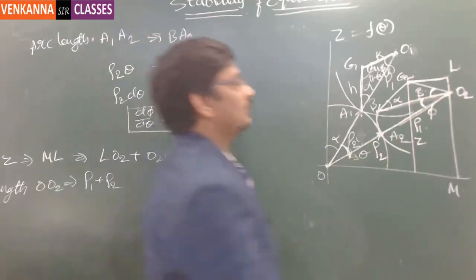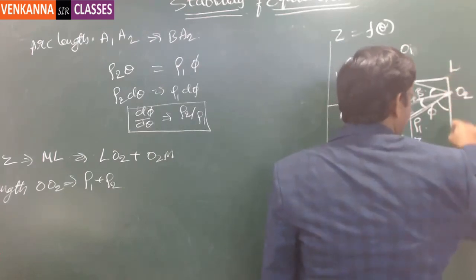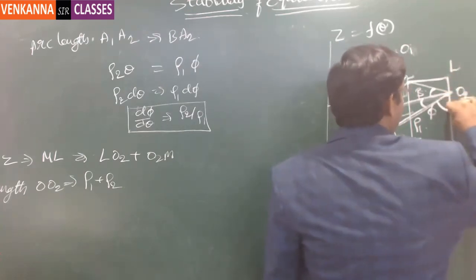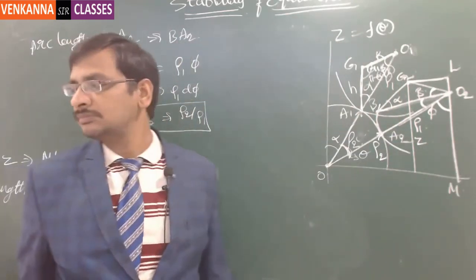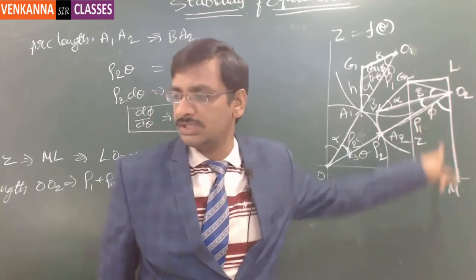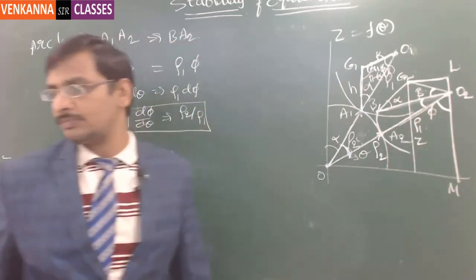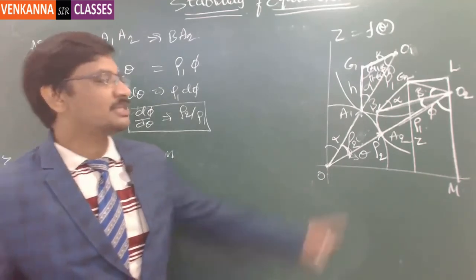Now for that I need to calculate this angle. This is a vertical line. So what will be this angle, from OO2 to this vertical line? How can we express that angle?